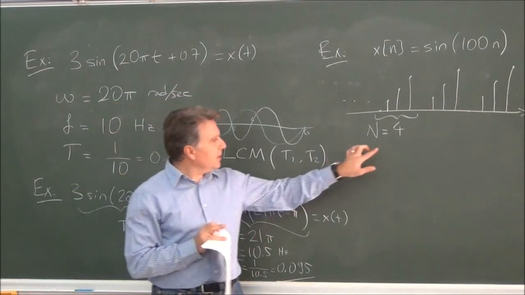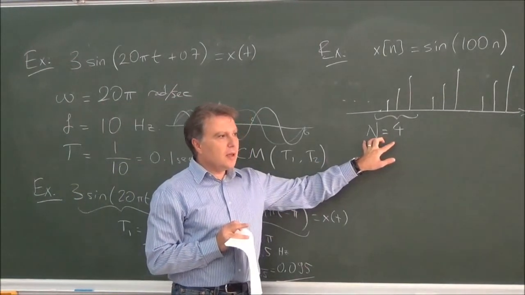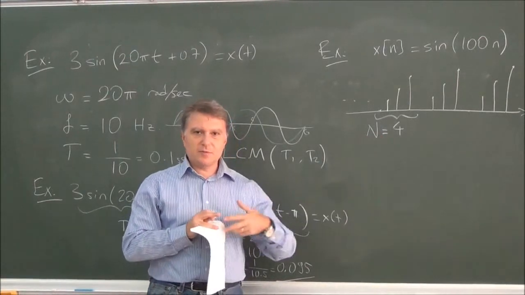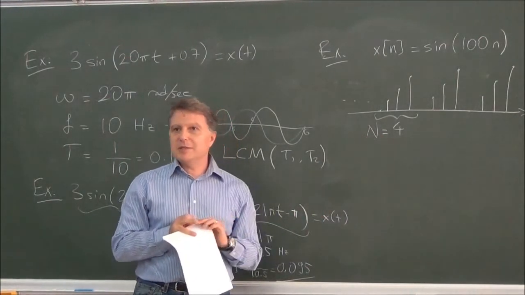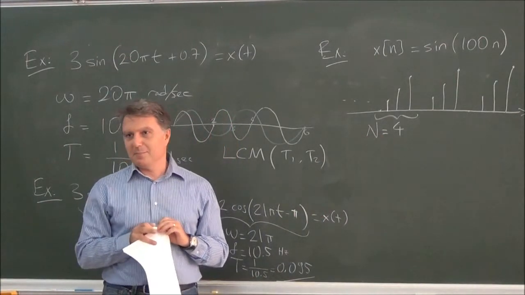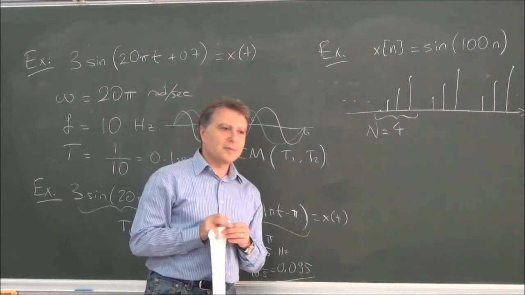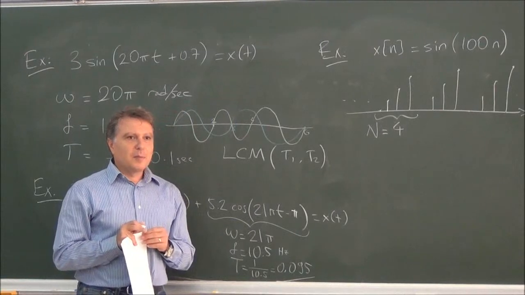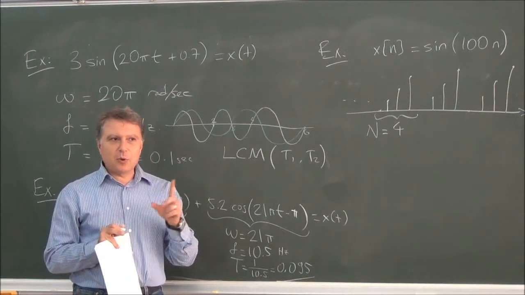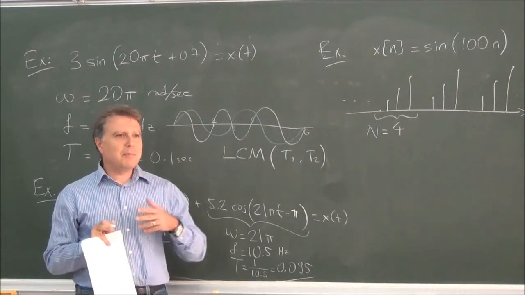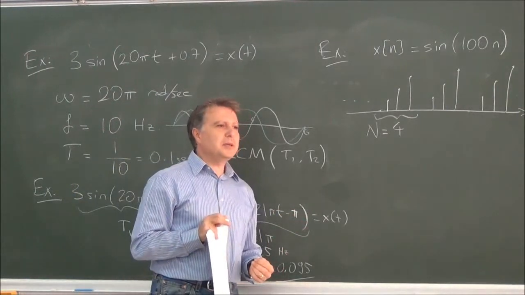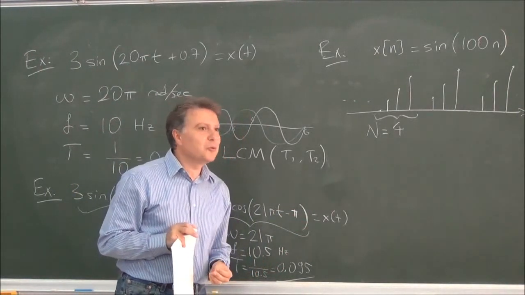If you cannot find an integer period for a discrete time expression, then it means it's not periodic. If the period is, for example, 7.1, then the period is not 7.1 because it's not an integer. But if you find the period to be 7.1, I make a bet that probably the period is 71.